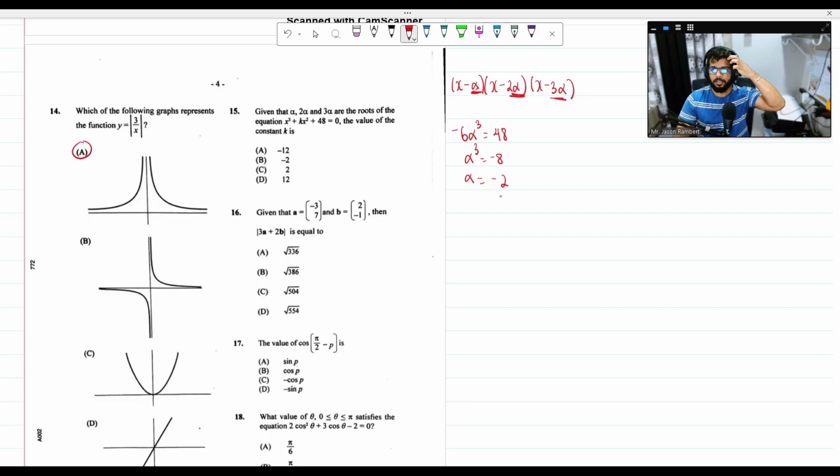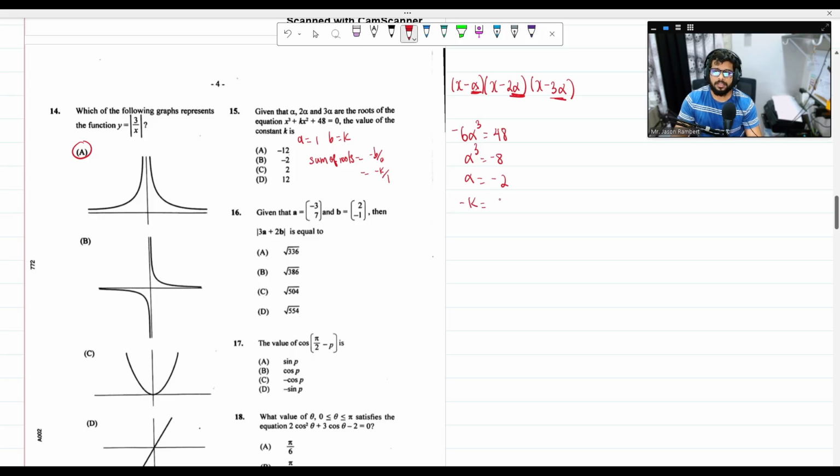Now using the roots alpha, beta, gamma, I know that minus b over a is equal to the sum of the roots, where b is equal to k. So minus b over a, which is equal to minus k over 1, is the sum of the roots.